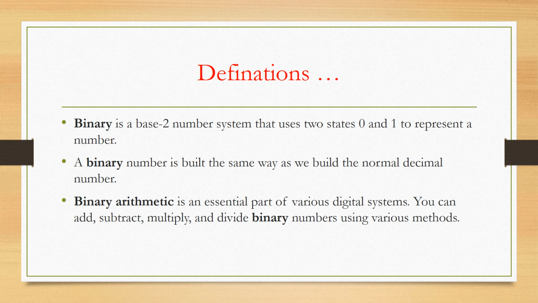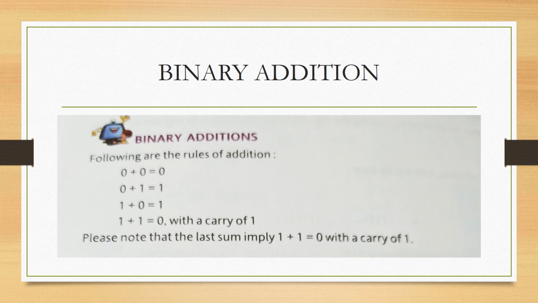Binary arithmetic is an essential part of various digital systems. So we must learn how we can do addition, subtraction, multiplication and division of binary numbers using various methods. Let us start learning the first operation that can be done on binary numbers, that is binary addition.